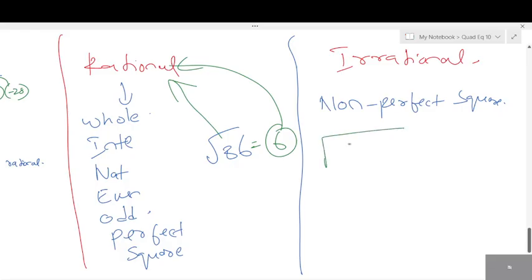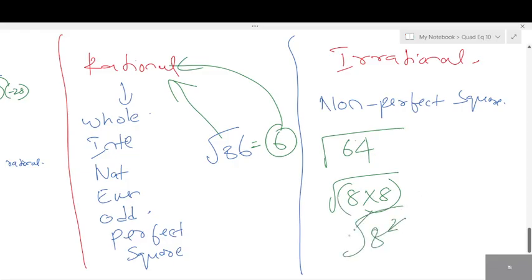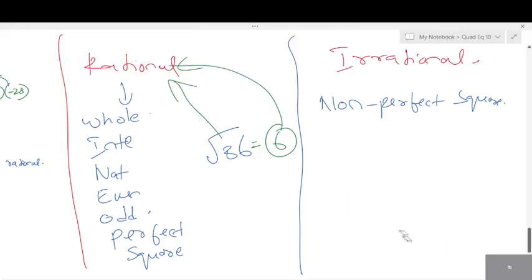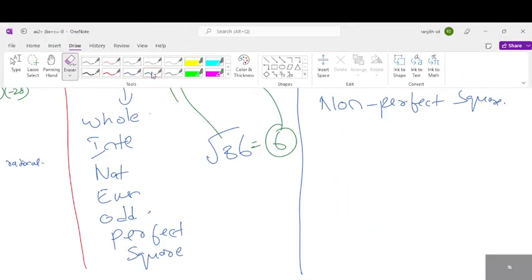What if I write square root of 64? What's the answer for square root of 64? Can I write 8 square and the root gets cancelled? What's the answer? 8. So what is root 64, rational or irrational? It is a rational number.